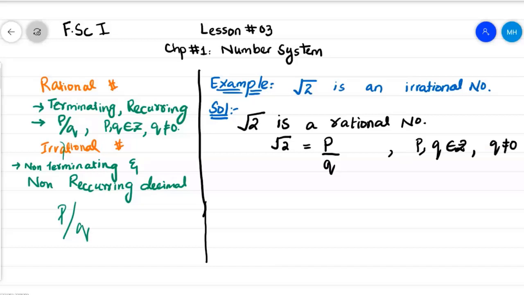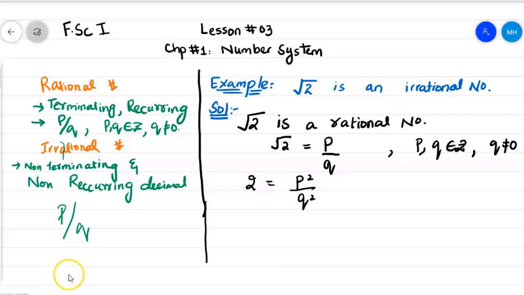Now if we square both sides, we will get 2 on this side, and the other side will become p square by q square. Hope you understand this. And again, q is not equal to 0 and p and q belong to integers.